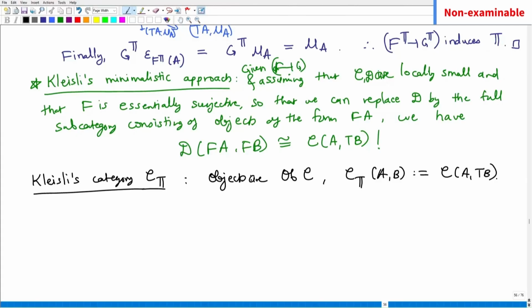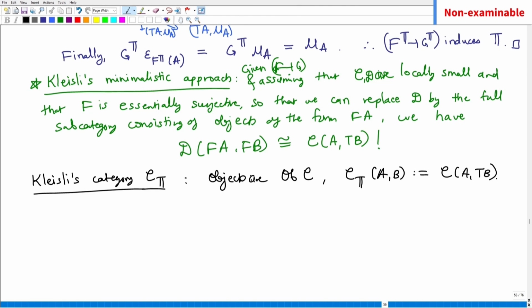However, as soon as we say this, there are so many things to verify. How do we compose? If you are given a map from A to B and B to C, how do we compose? I have to describe all those things to you.